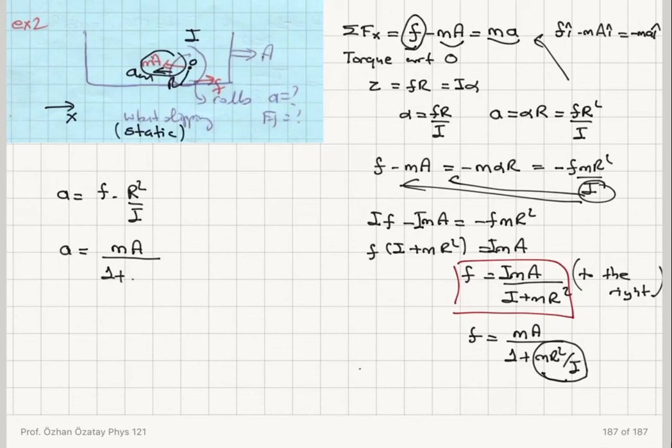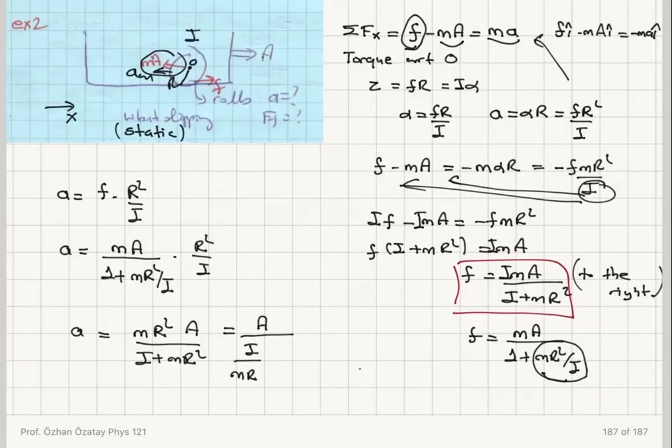So if I go back to my acceleration here, this is ma divided by 1 plus mr squared over I times r squared over I. So the acceleration will be mr squared a divided by I plus mr squared.